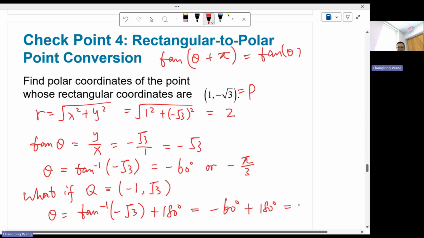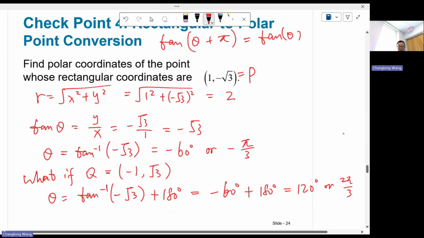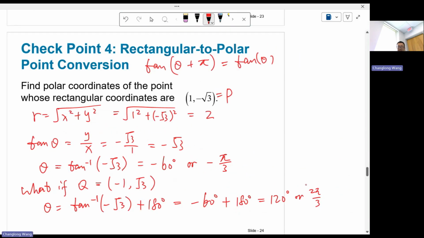You're getting 120, right? Or 2 pi over 3 radians. And this is the subtlety. That means you are sometimes getting the wrong angle straight from the calculator, but it's not super wrong. It's just 180 apart from what you want, right?